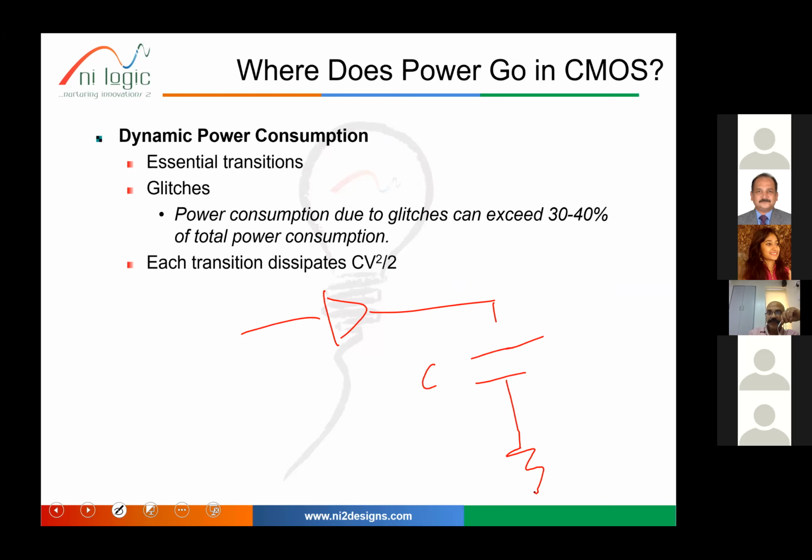Okay, so what happens? You put some current into it. Okay, so it charges, and also you discharge the current so that it comes down to low level. So for each transition you consume half CV square of energy to charge and discharge the capacitor.